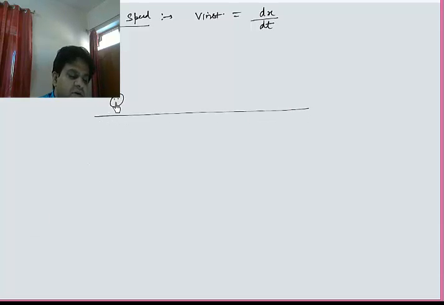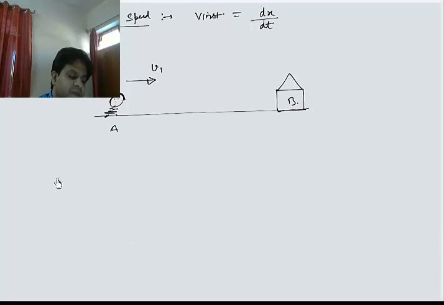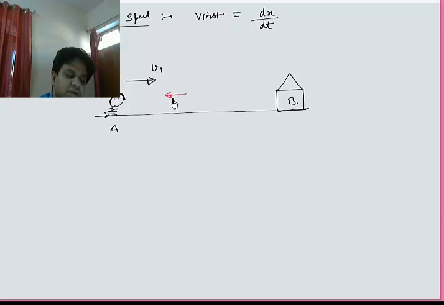For example, there is a person standing at this point, let's say A. This person moves from point A to his school, that is B. While moving in forward direction, he moves with speed v1, and while coming back, he moves with speed, let's say v2.